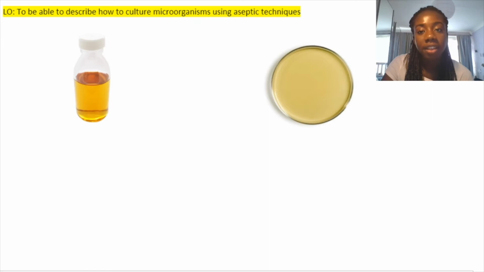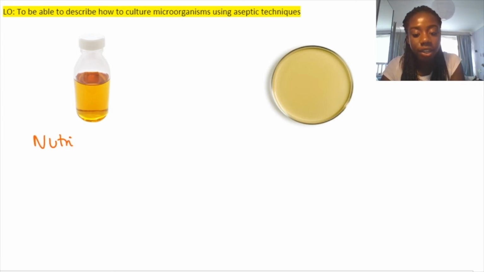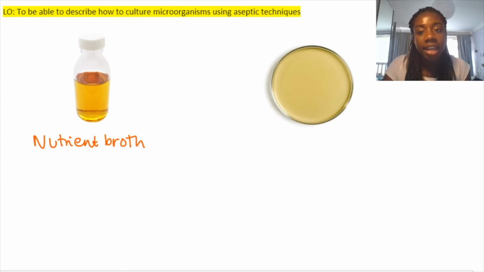To start off, these are the main two ways within which we culture microorganisms in a lab. So the first one on the left is a nutrient broth, and this is essentially a liquid medium in which we have our bacteria that we're growing, and we also have a lot of the nutrients required for the growth of the bacteria.